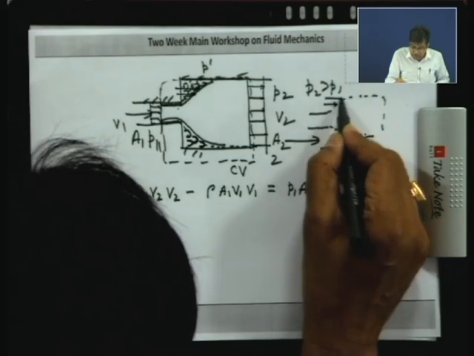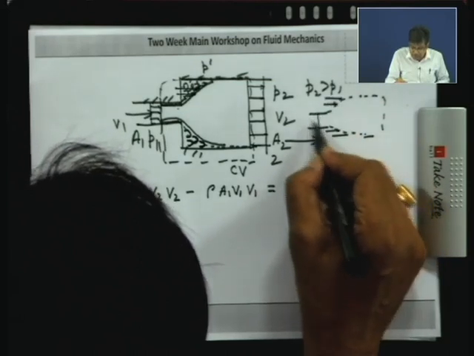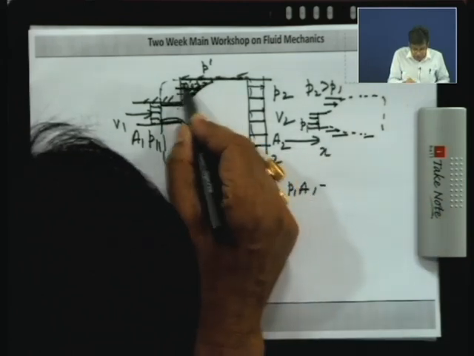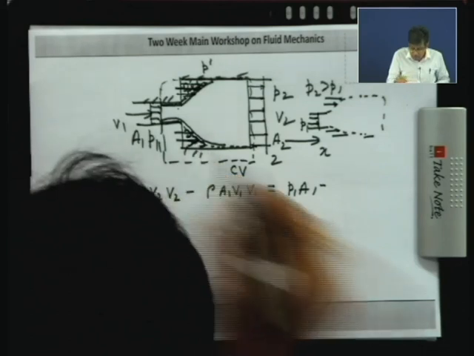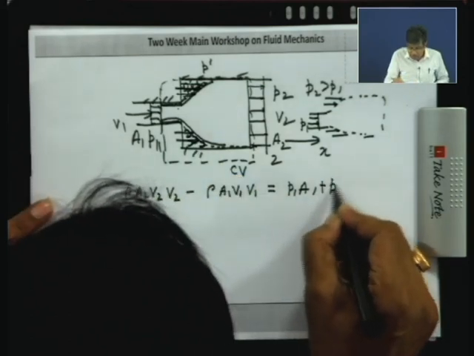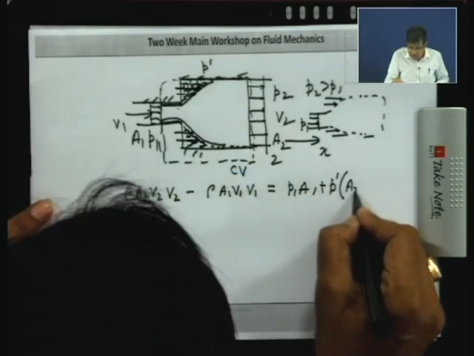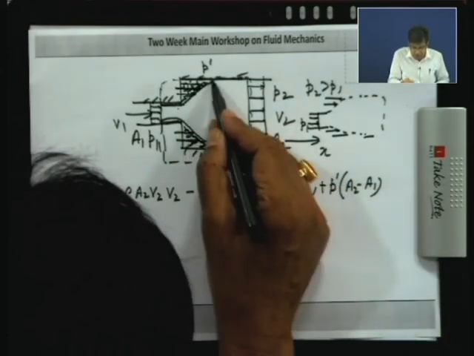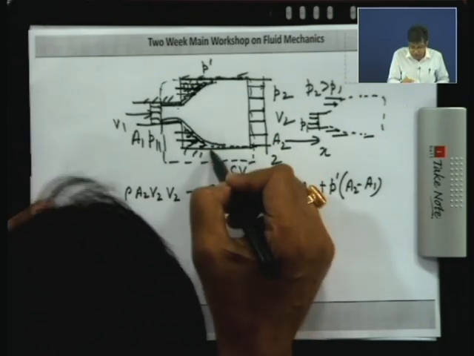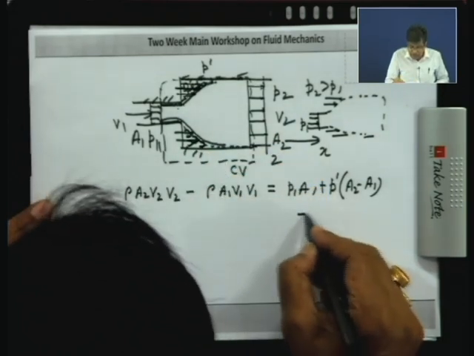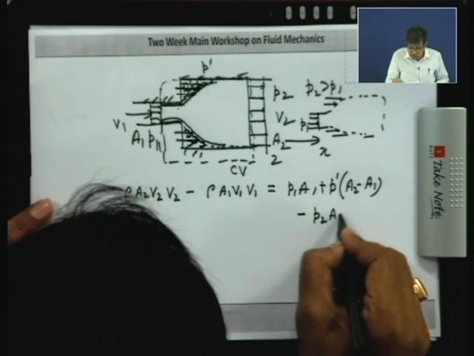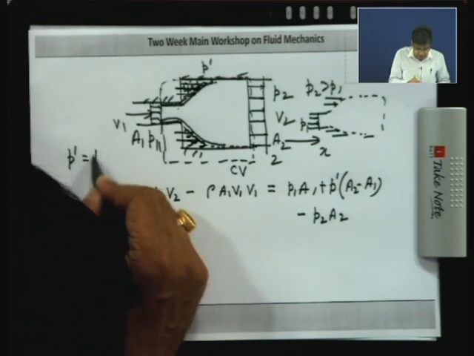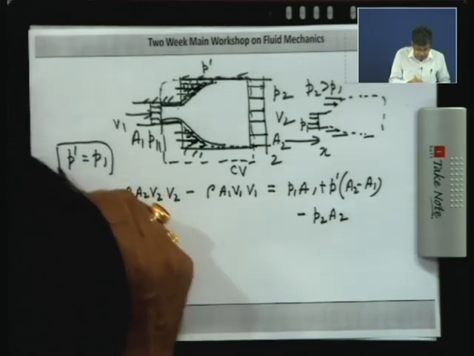The pressure is acting on this part of the streamline, so pressure acting on this part is plus P dash into A2 minus A1, the projected cross sectional area of this curved surface, minus P2 into A2. Now, by experiment it has been found that P dash is P1. This you have to accept.